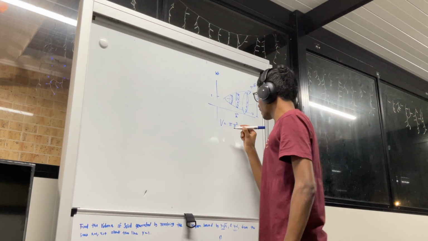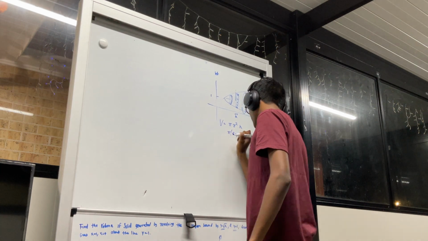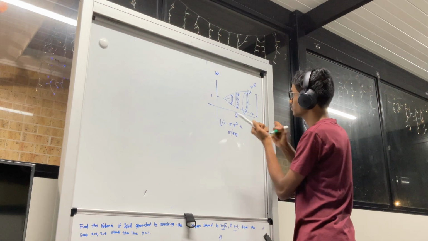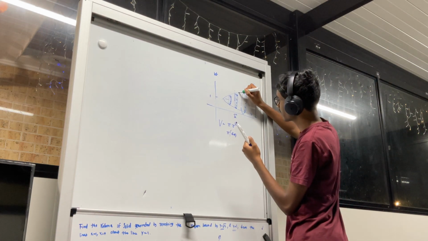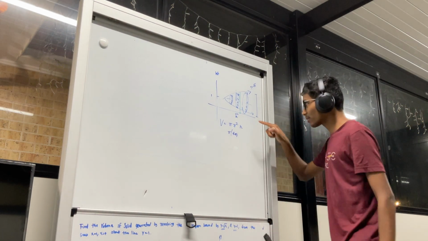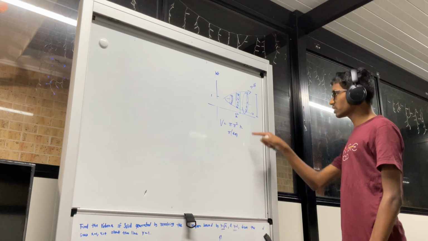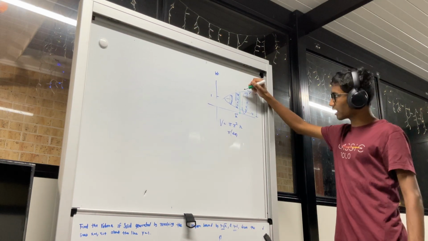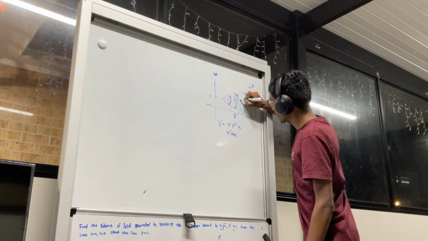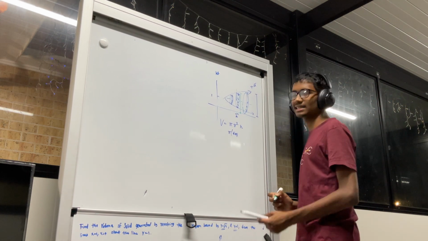So the radius is going to be f of x, because f of x will give you the height from the x-axis all the way down to the point. But we do not want that. We want this area. We don't want all this excess space.